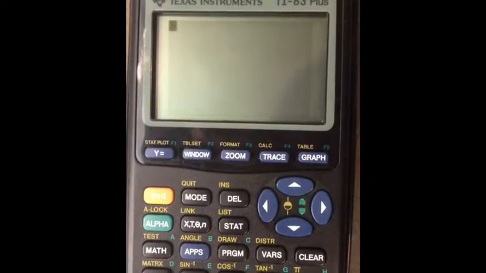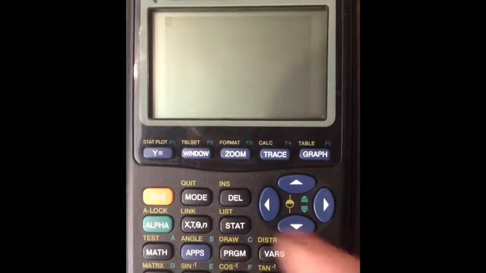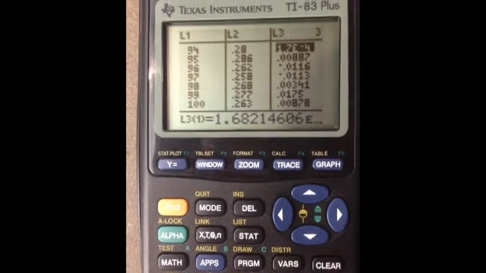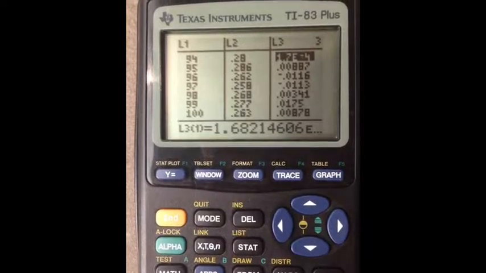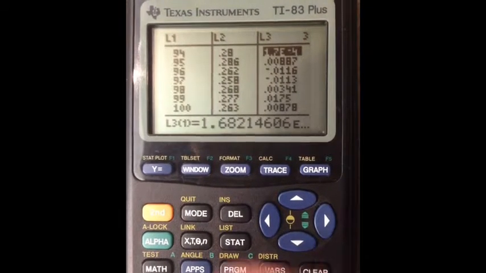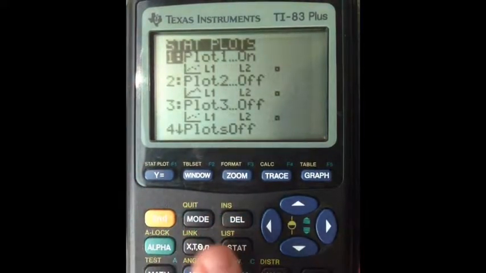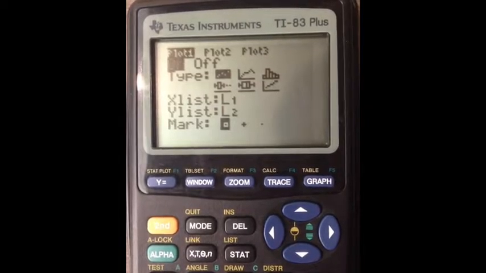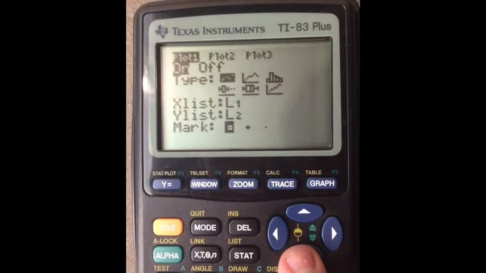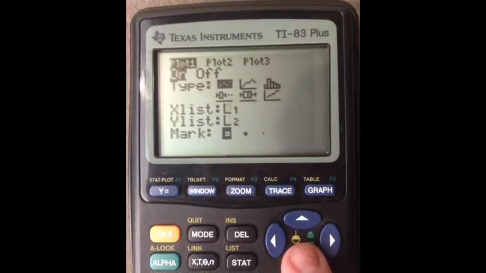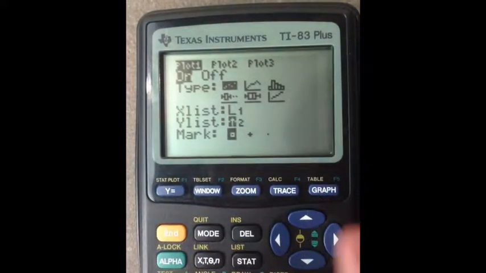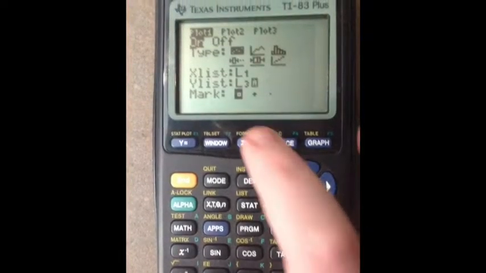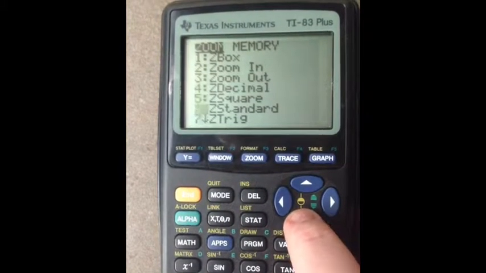So now we are going to find the residual plot. So first go to stat, then hit enter, and you see that in L3 there are the residuals, and with that you can hit second, then y equals, and hit enter once more, then move down to L2 and hit second, then 3, changing it to L3, then hit zoom 9.